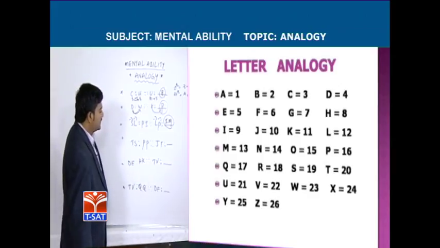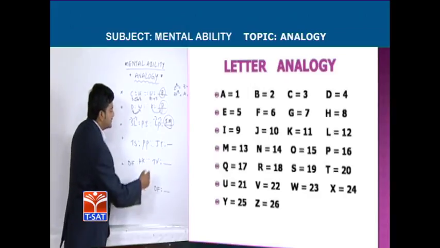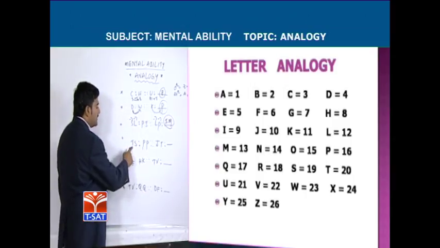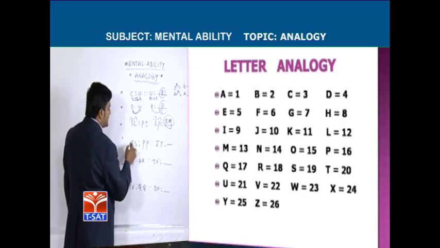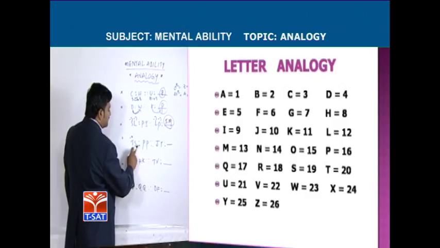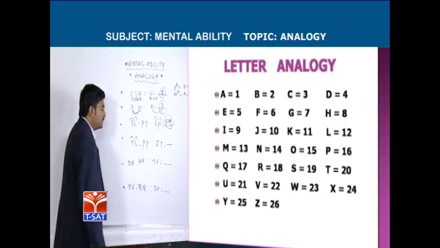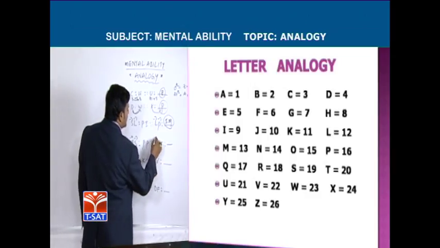Observe here, TS is to PP as JT is to dash. T means 20 and P means 16, so simply reduced by 4. Here S means 19, P means 16, reduced by 3. Apply the same concept.